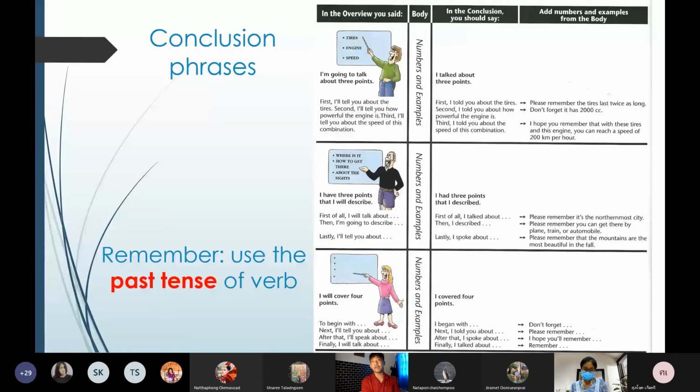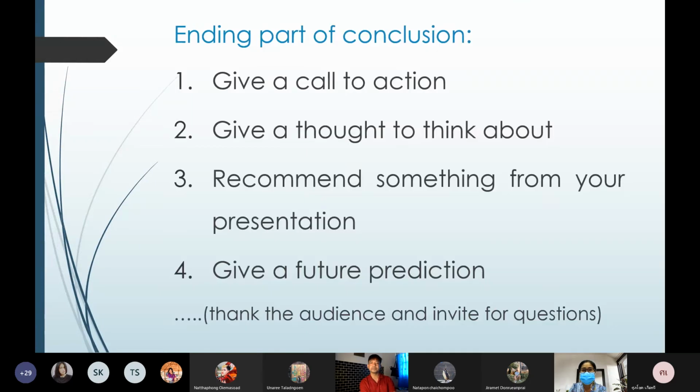And then the last one, you recommend: I think RMUTL is a good university, so why don't you come and visit us and enroll at RMUTL Pitsanulok? Then thank the audience. Thank you very much for your attention, or thank you very much. Do you have any questions? Go to the next slide, please.